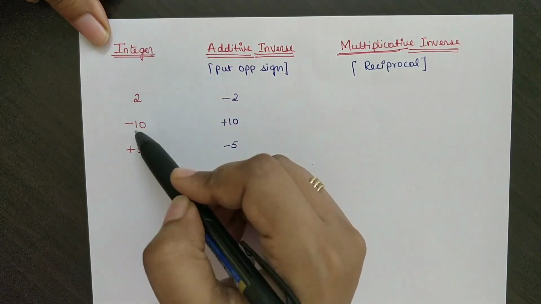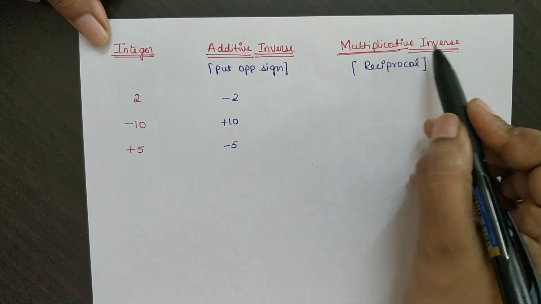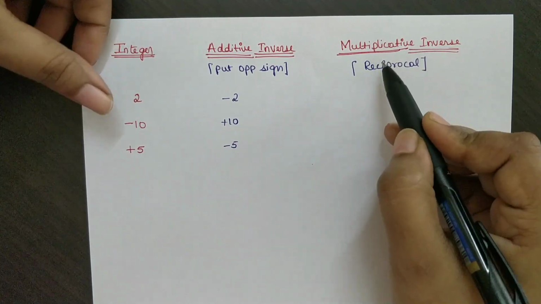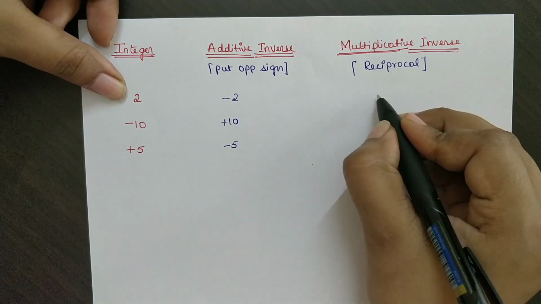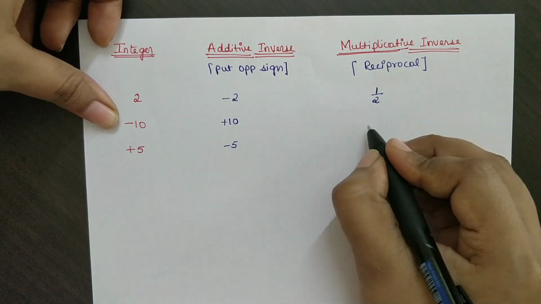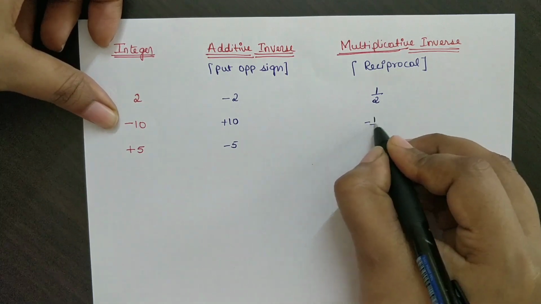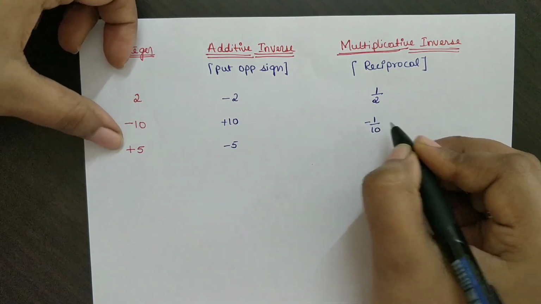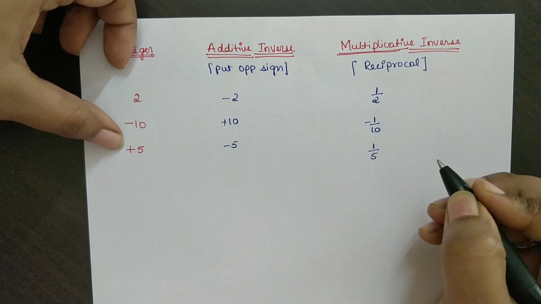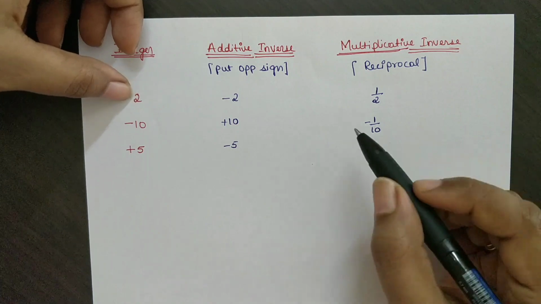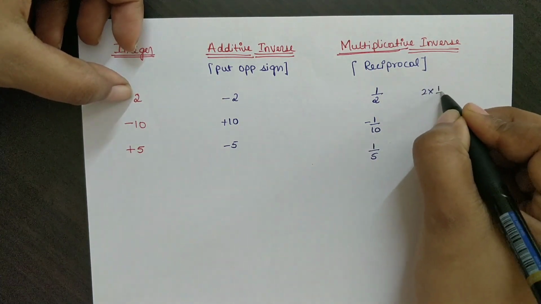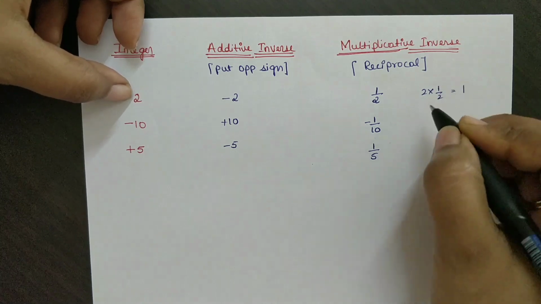For a given integer, the multiplicative inverse will be the reciprocal. Reciprocal of 2 is 1 by 2. Reciprocal of minus 10 is minus 1 by 10. Reciprocal of plus 5 is 1 by 5. If we multiply 2 and 1 by 2, 2 into 1 by 2 equal to 1.